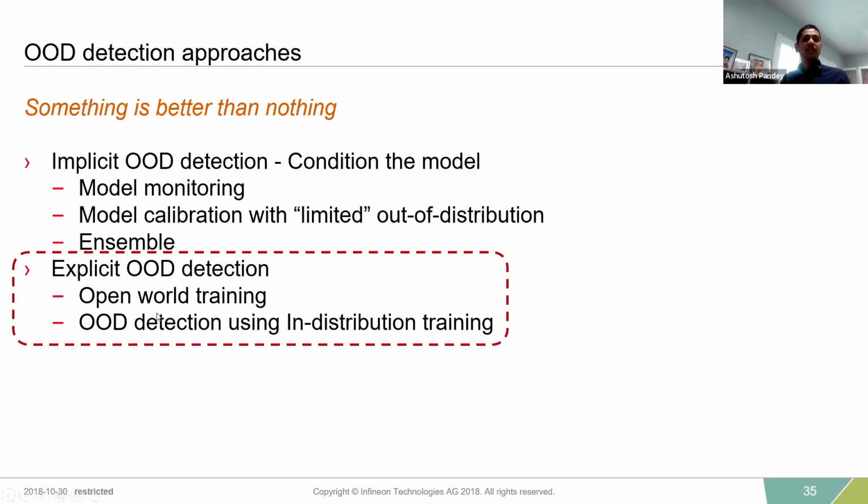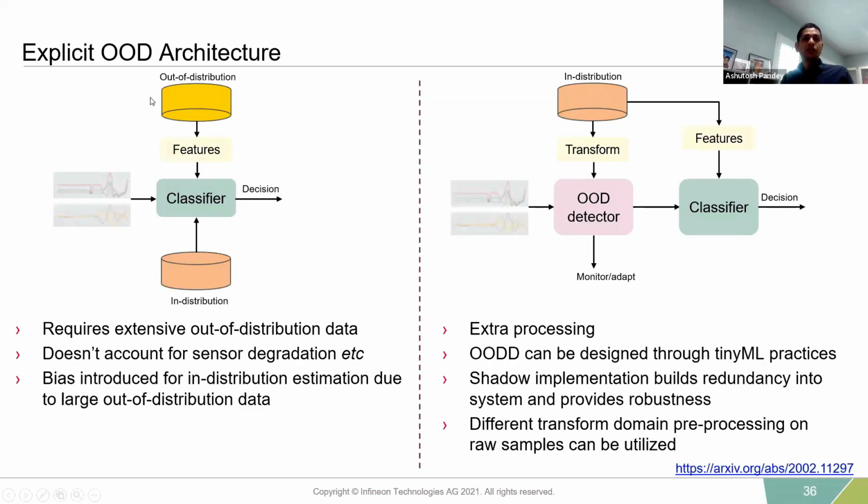The other one is where you explicitly use out of distribution detection with some sort of deep learning method. There you have two methods that are prevalent. One is open world modeling. The other one is in distribution training, and we will talk a bit more about these two. In open world, we create this out of distribution data and feed it to the classifier, and we model it as one of the classes.